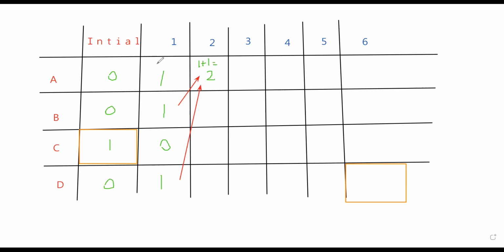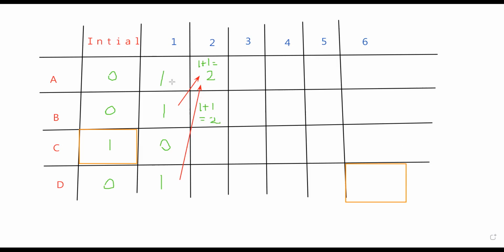Similarly, the ball can be passed from A or D to B. So B is also 1 plus 1 equals 2. Now, the situation of C is interesting.